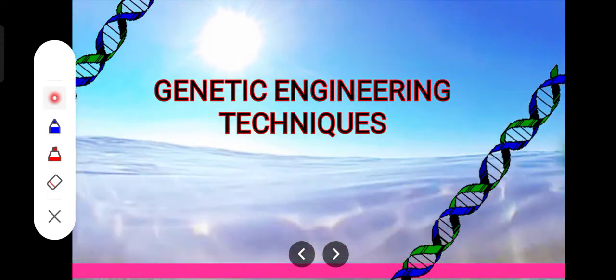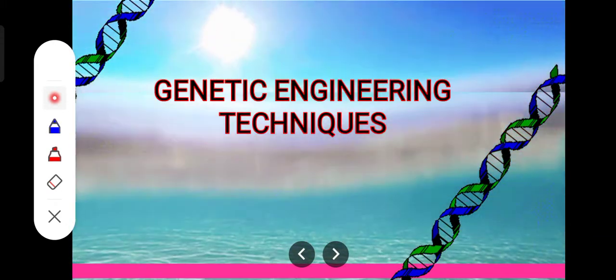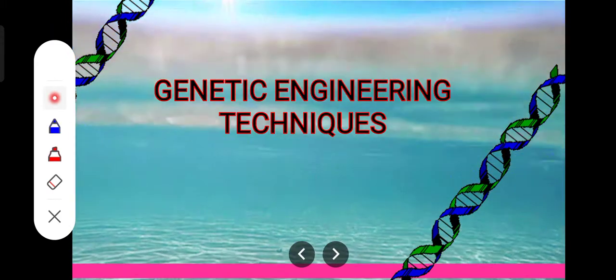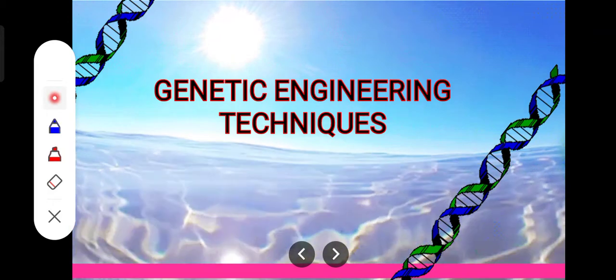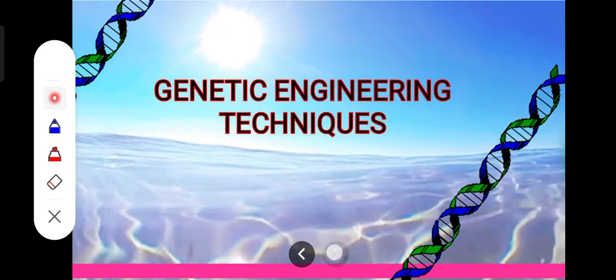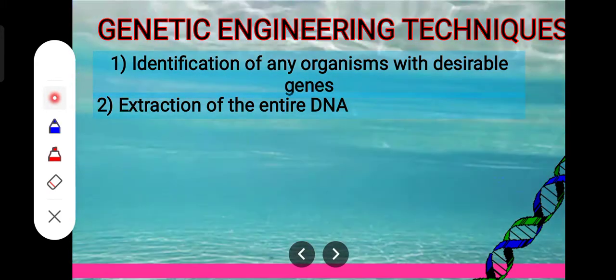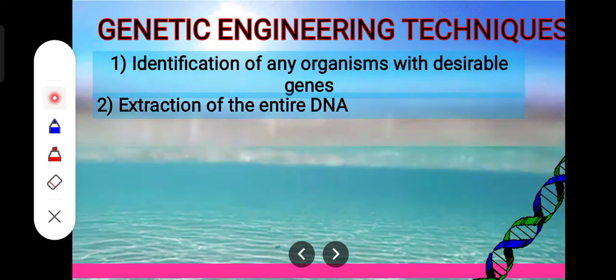Aside from that, we also have the different techniques and steps in the genetic engineering process for any organism to be modified. The first one is identification of any organism with desirable genes. Second is the extraction of the entire DNA.